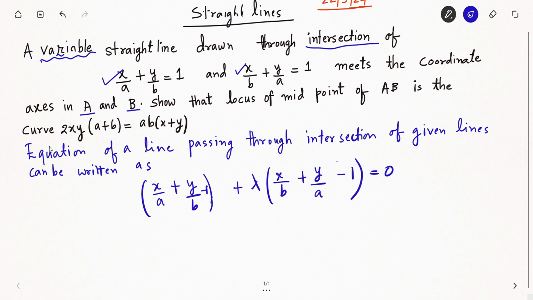This represents the family of straight lines that pass through the intersection of these two lines.